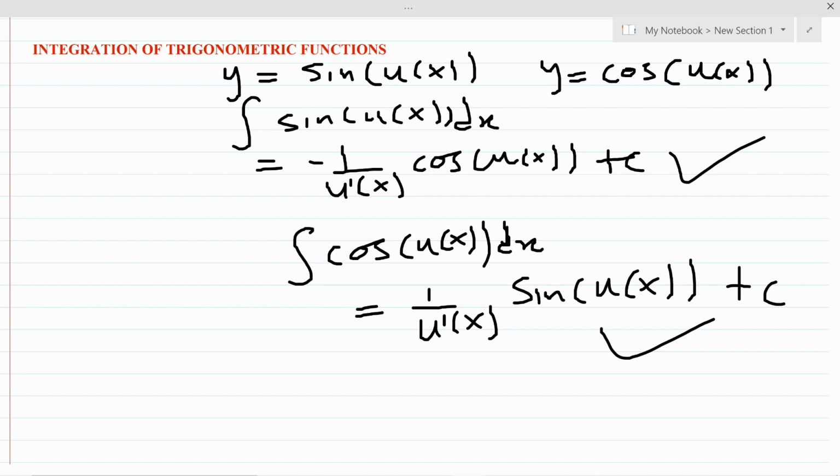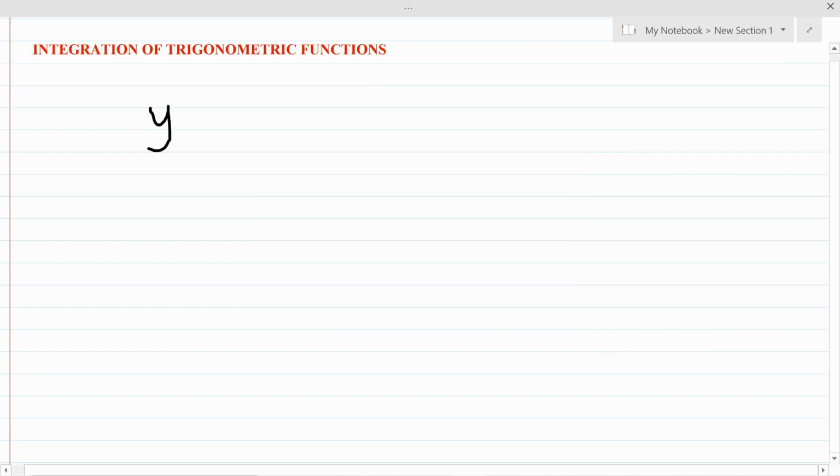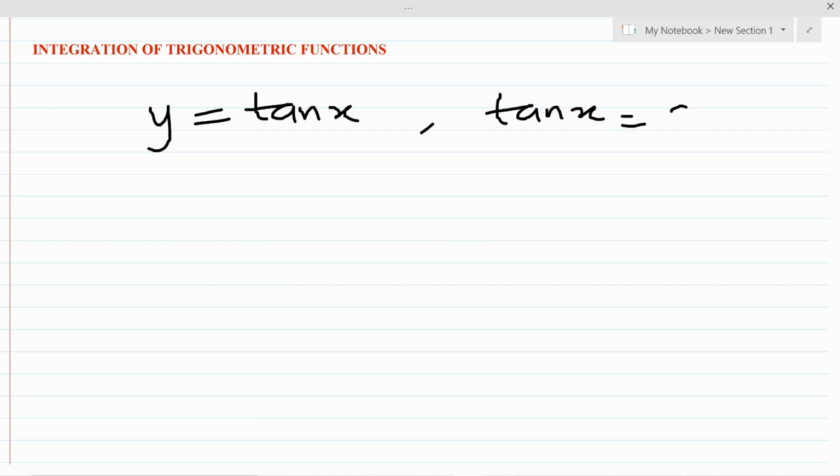So if I have y equals tan of x and I want to integrate this, how do I go about it? You know that tan x is the same as sine of x over cos of x.